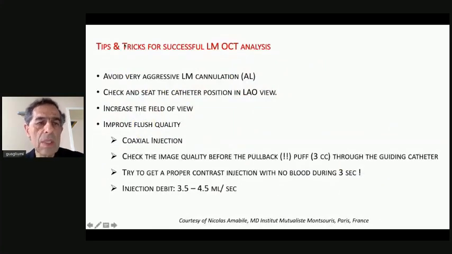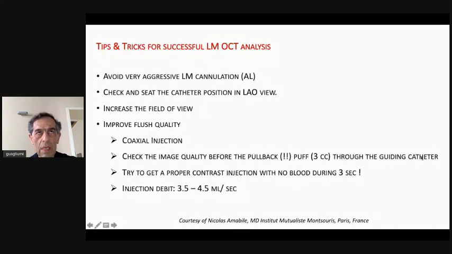If you want to do it, there are tips and tricks to be successful. Avoid very aggressive left main cannulation, select properly the guiding catheter, then check and seat the catheter position in LAO view, increase the field of view, improve the flush quality, use coaxial injection, and check the imaging before the pullback with a puff of 3 cc through the guiding catheter.